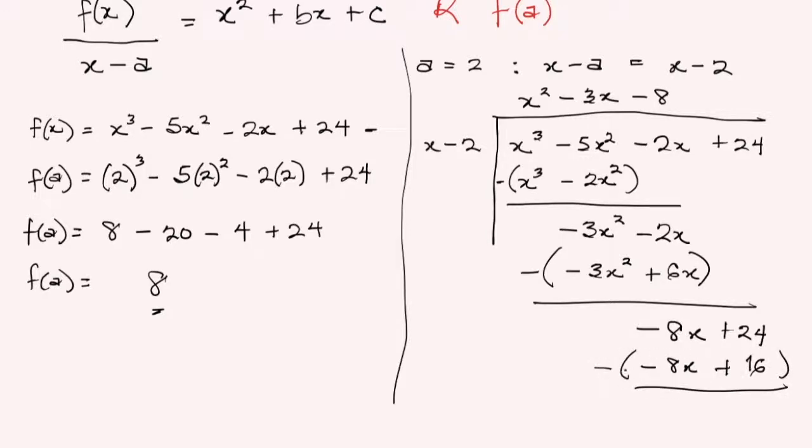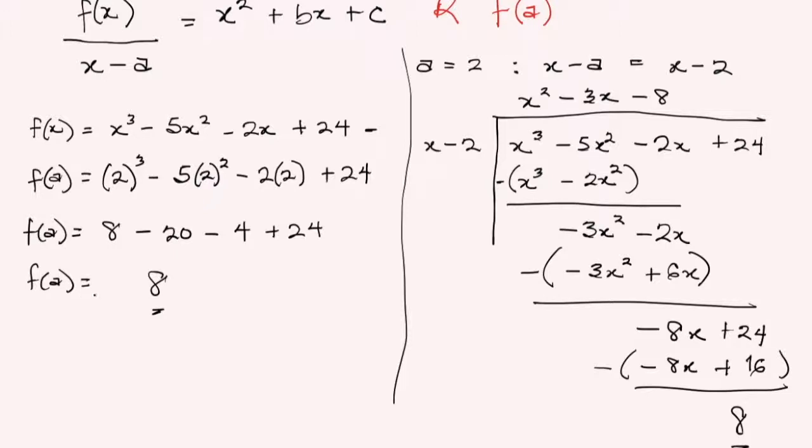So minus 8x plus 8x cancels out, and then minus times plus becomes minus. So this is plus 24 minus 16, and that's going to result in 8. So we can see that, as the theorem said, if you divide f of x by a binomial x minus a, which in this case is x minus 2, you will get a remainder 8, which is going to be equal to our f of a.